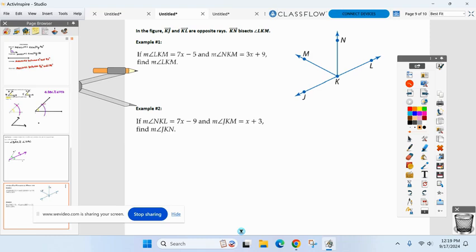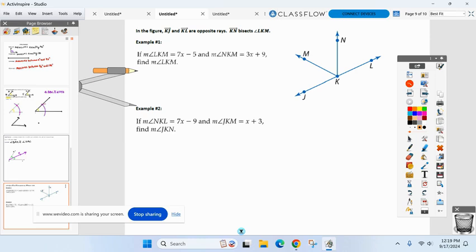The second thing, and this is probably the toughest part because our brains are just used to reading the problem and filling it in: look at the directions. Because there's something important in my directions that we need to take care of before I start the problem. Everyone see ray KN?